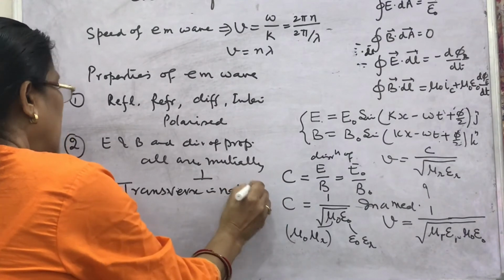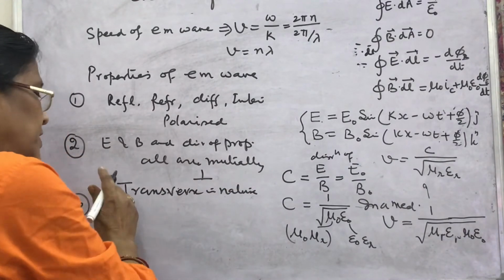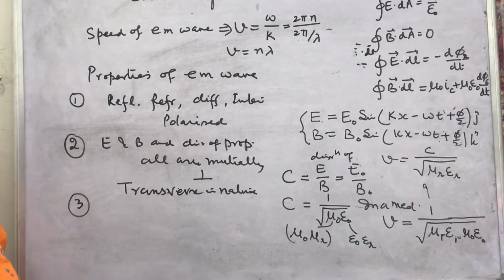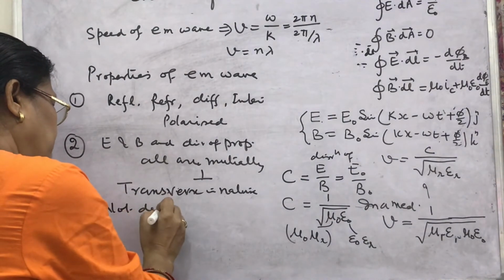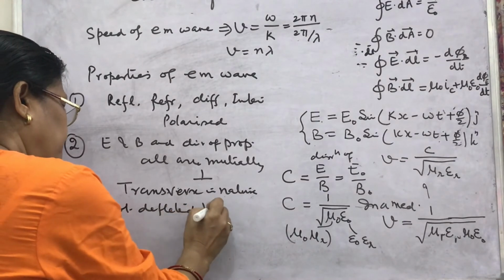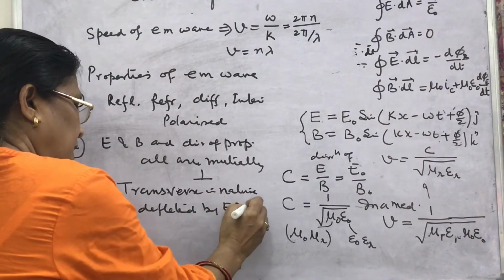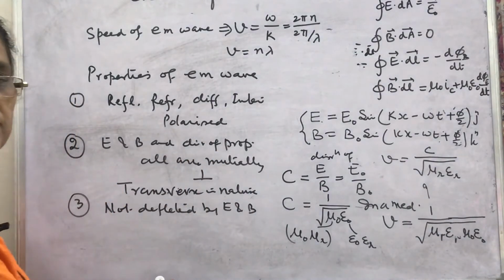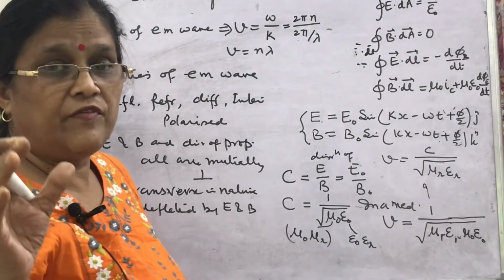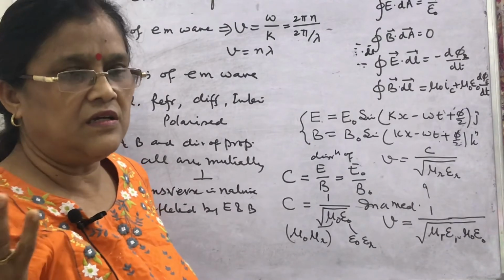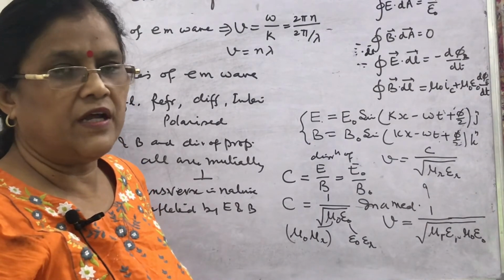Next property, EM waves are not deflected by electric and magnetic fields. One important property, look, optical effect. Optical effect means we are able to see in the light. Without light we cannot see.